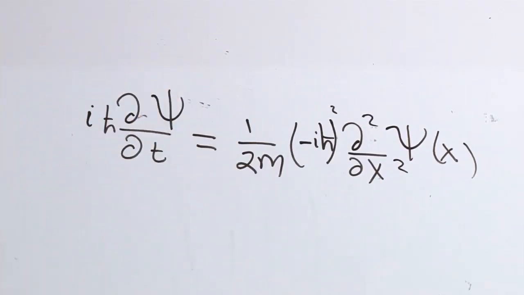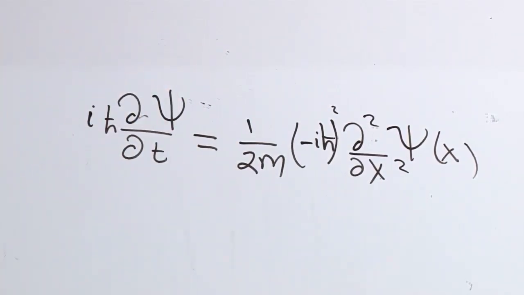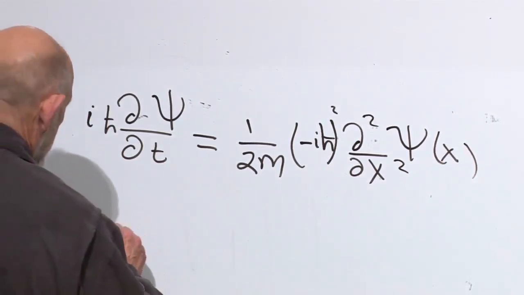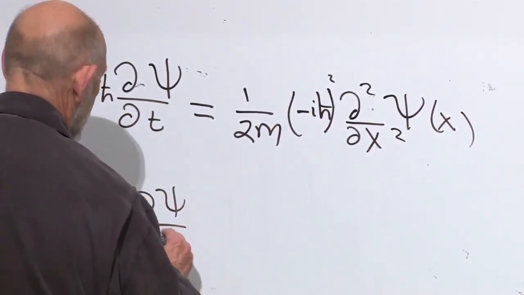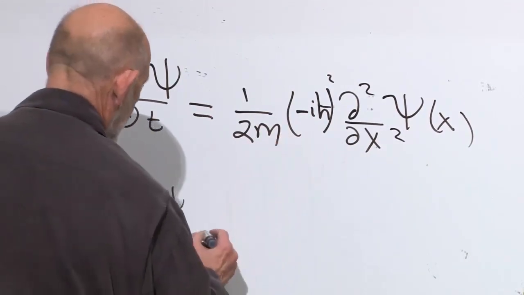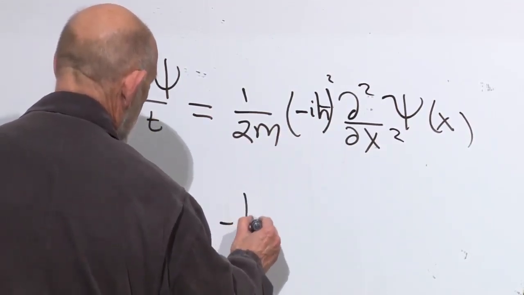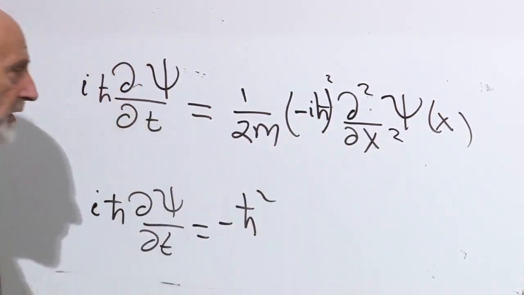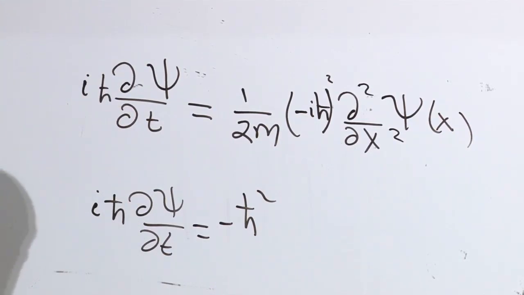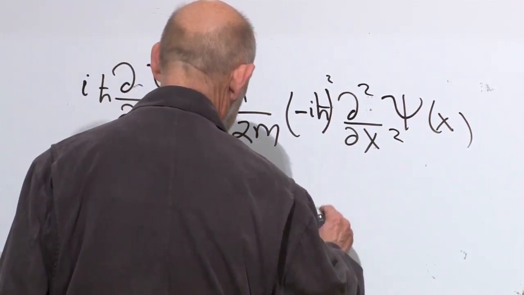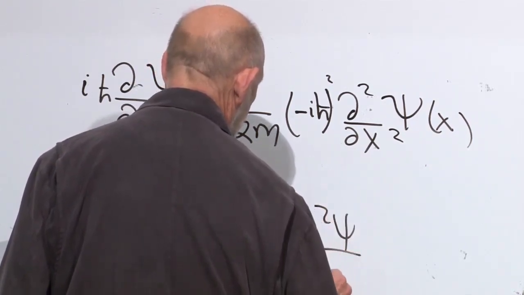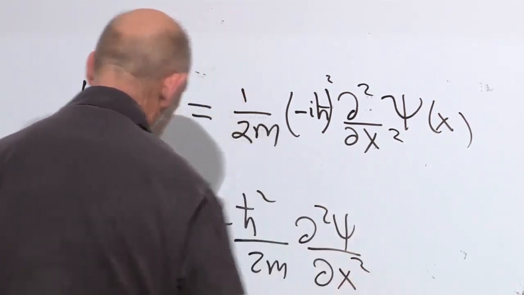That's the Schrodinger equation for an ordinary non-relativistic particle moving on a one-dimensional line. Let's leave the h bars. i h bar d psi by dt is equal to minus h bar squared over 2m, d second psi by dx squared. The minus comes from minus i squared.